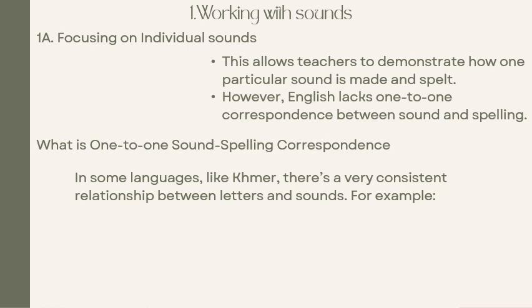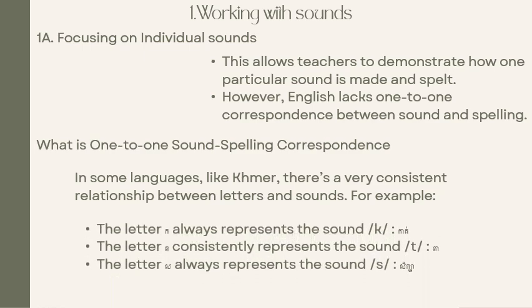So let us look at some examples from Khmer to show how consistent the sound-spelling correspondence is. The sound K is represented by the letter G. So this letter always makes the G sound, right? For example, in the word gat.